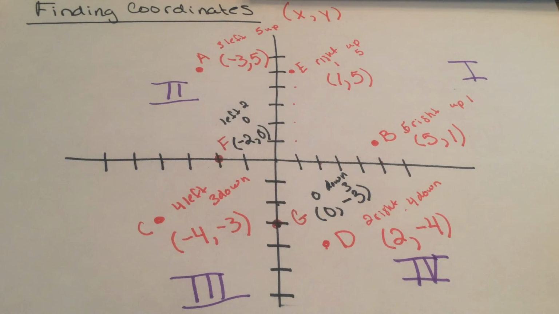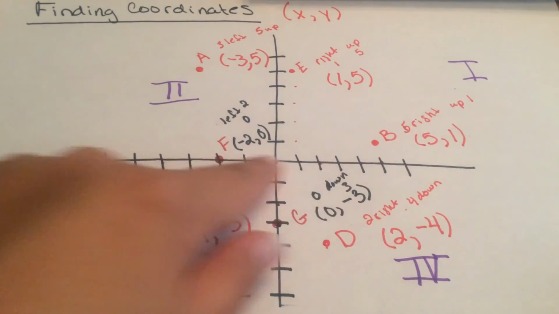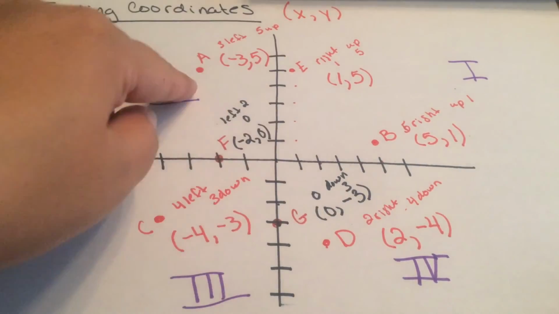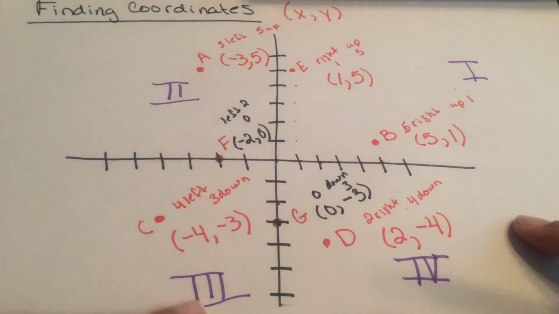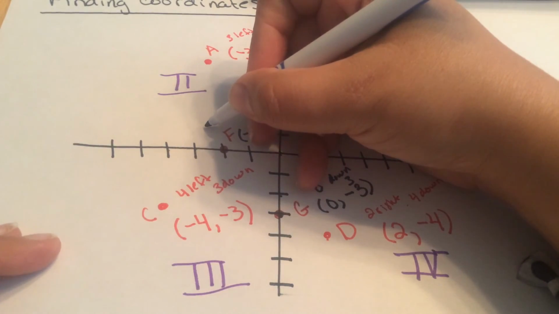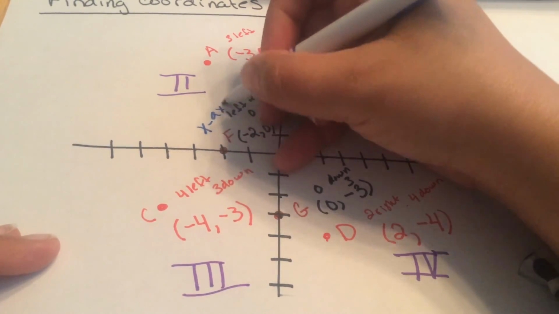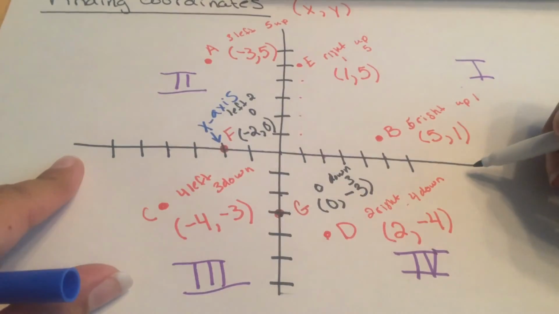Anytime I have a point that's going to lie on our x-axis, it doesn't fall in either quadrant 2 or quadrant 3 or 1 or 4. It falls in the middle of those. And its location wouldn't be a quadrant at all. It would be on our x-axis. We can see that it's along this line right here.